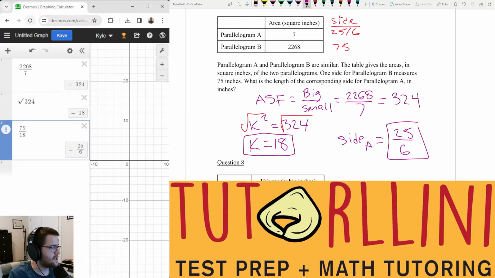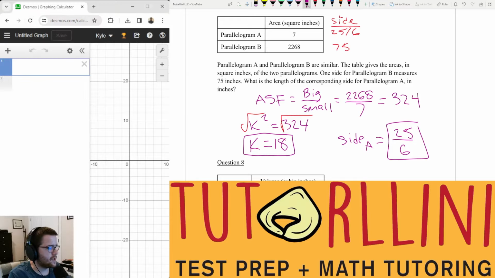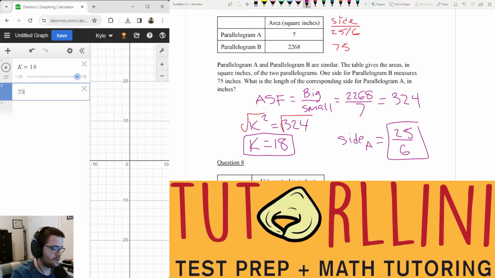Now, let's reset Desmos here. And I'm just going to do one final check. So K is equal to 18. So 25 over 6 times K, and then this is an area, so it's going to be times K squared.